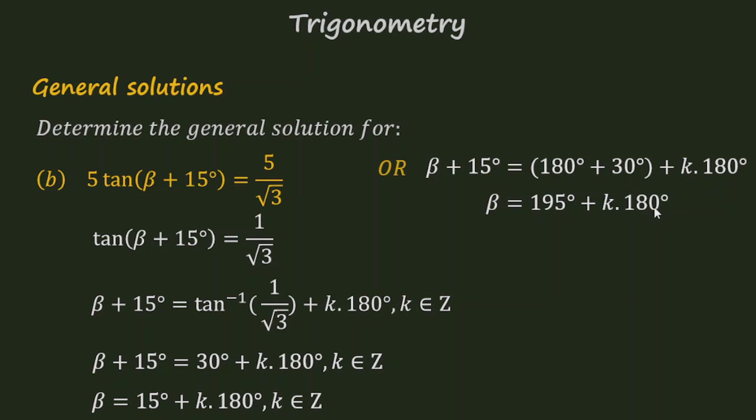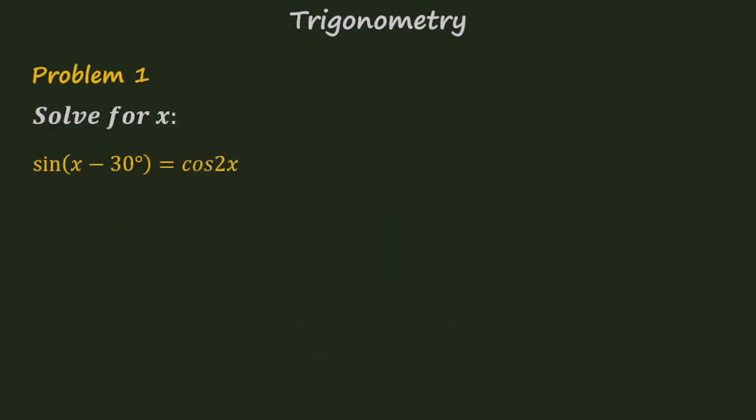We come to a problem where we have a sine of some angle equals to the cos of some angle 2x. But we remember that sine and cosine are co-functions of each other, which means we can express either cosine or sine in terms of the other if we write it in this manner.